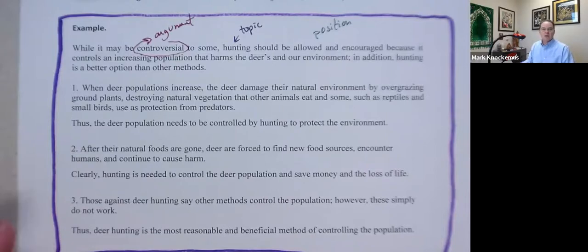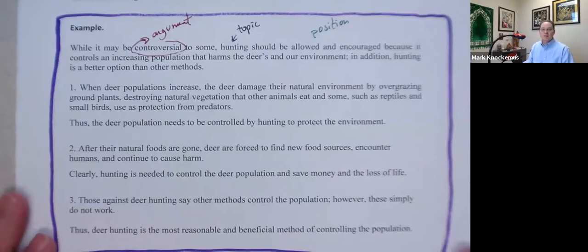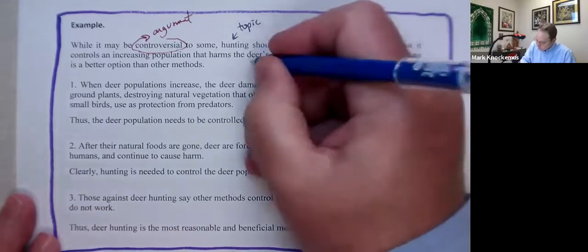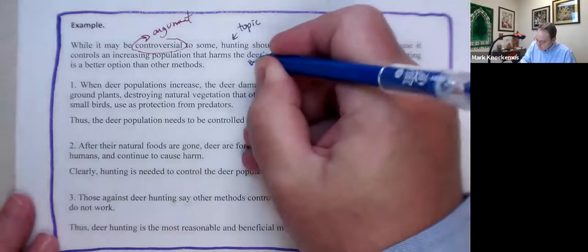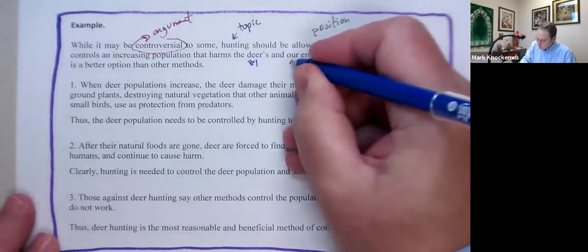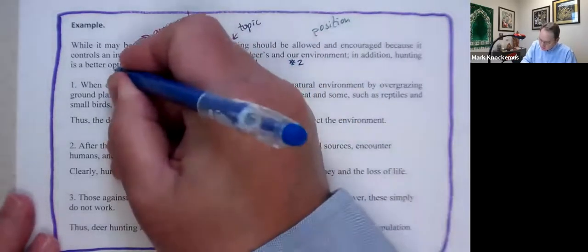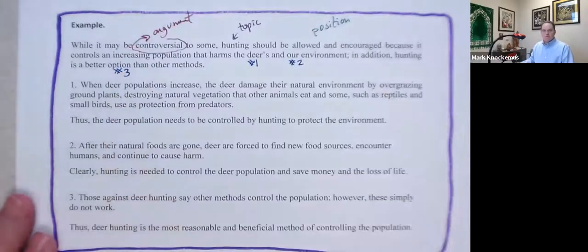Because it controls an increasing population that harms the deer in our environment. Right? Deer's environment and our environment. In addition, hunting is a better option than other methods. So there, I did it.